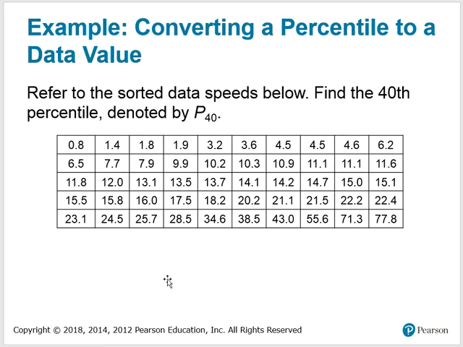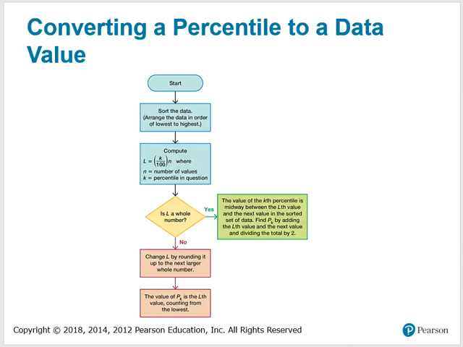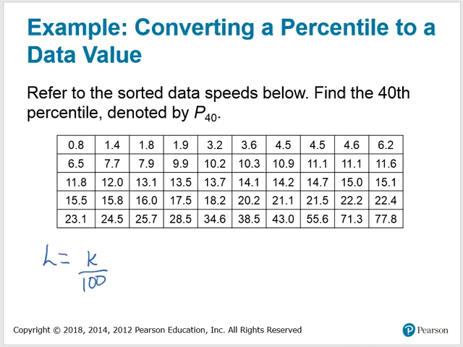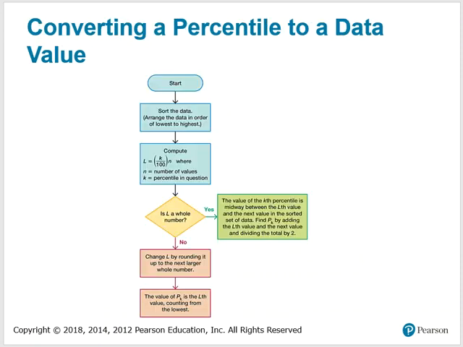So I'm going to rewrite that on this page so we can see it. L equals K over 100 times N. So if we look here and remind ourselves, K is the percentile in the question, and N is the number of values.